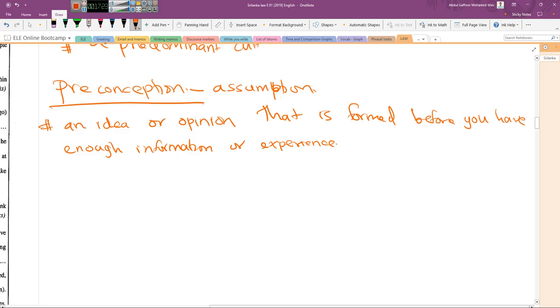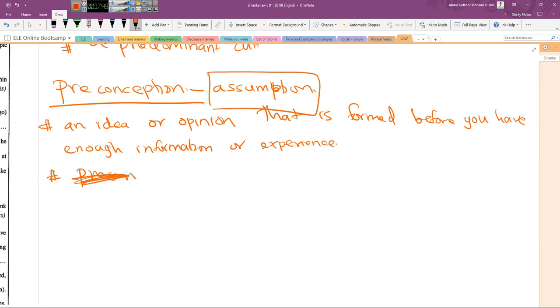For example, the synonym word. Sometimes in the English language skills examination, they might ask synonyms also. So they might create a question to ask the synonym of preconception also, right? So the synonym of preconception is assumption, right? So you should know this.